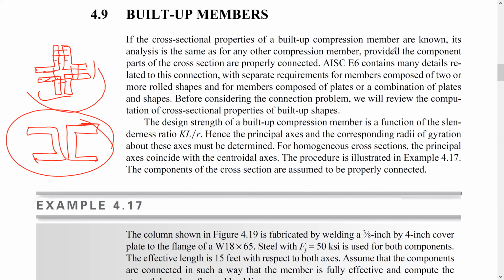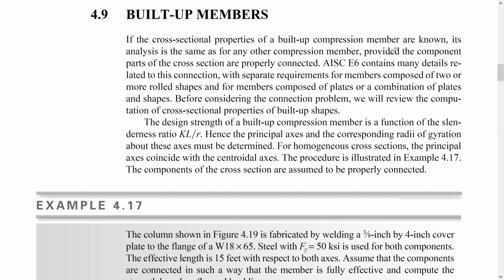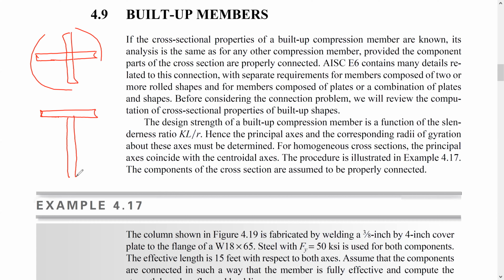The second type, we might have plates, as I just mentioned to you, 2 plates like this or more form a cruciform built-up section, or we might have built-up girder plates welded together.